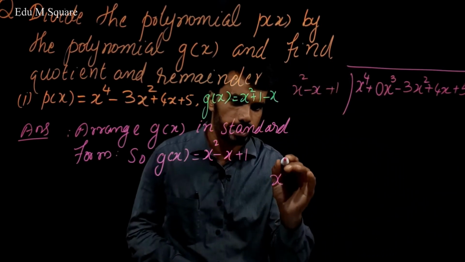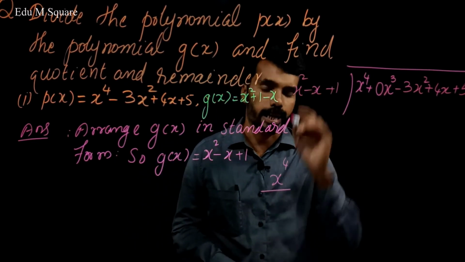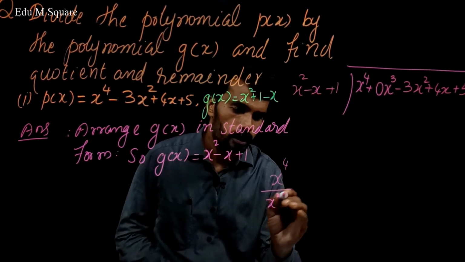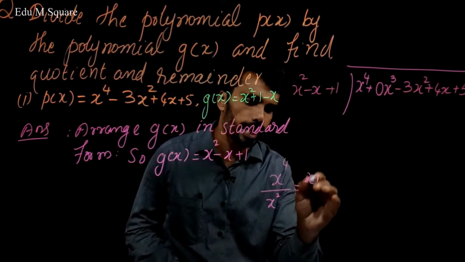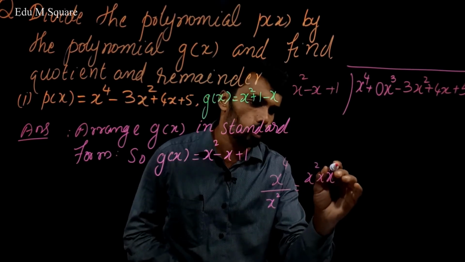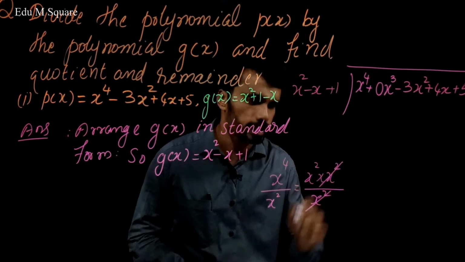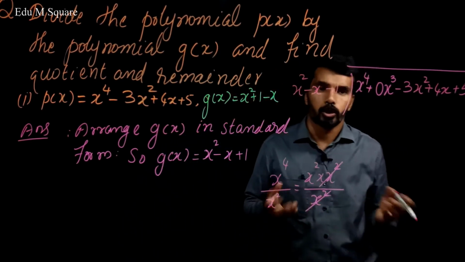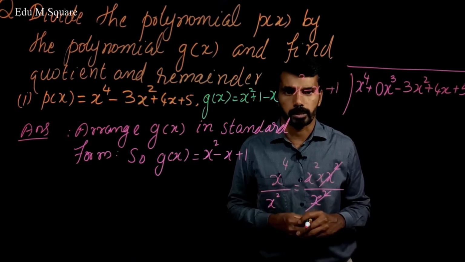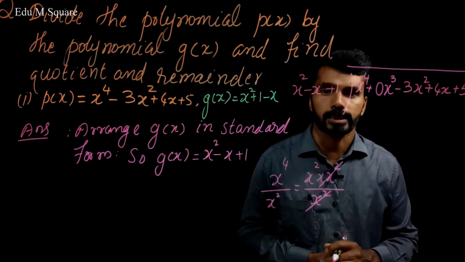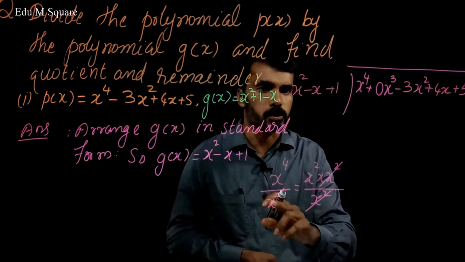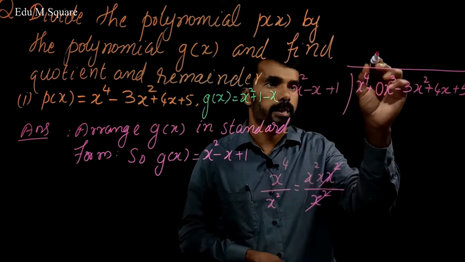Let us divide x raised to 4 by x square. So x raised to 4 can be written as x square into x square divided by this x square. So one x square let us cancel out from numerator and denominator. So what remains there? x square. So x raised to 4 divided by x square is x square.